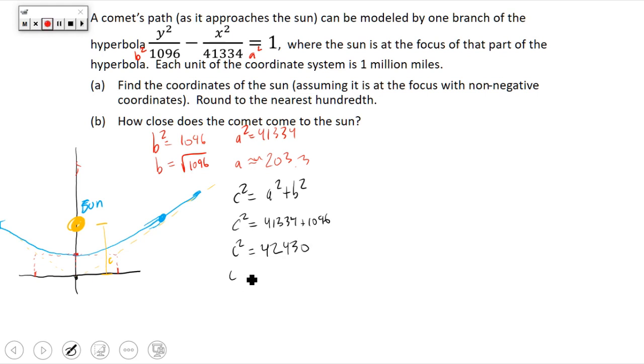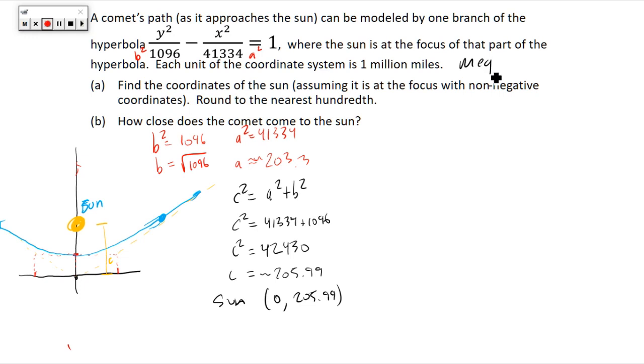C then would be approximately, when you take the square root of both sides, 205.99. So the coordinates of the sun would be (0, 205.99). These are all in millions of miles. So anyway, that's the coordinates of the sun. That's part A. This is the answer to A.